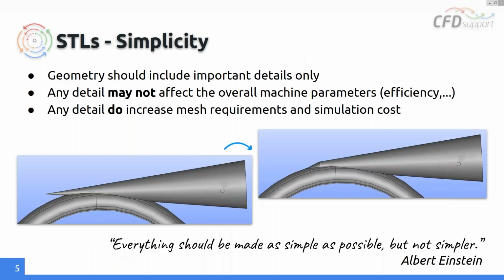Then a very important parameter or requirement is simplicity. So the geometry should include just the important details only, which means that any details which may not affect the overall machine parameters or overall efficiency or results should be neglected from the geometry, because if you include them and they don't bring anything new to the flow, then it only makes the mesh generation process harder and you have to use more cells and so on.